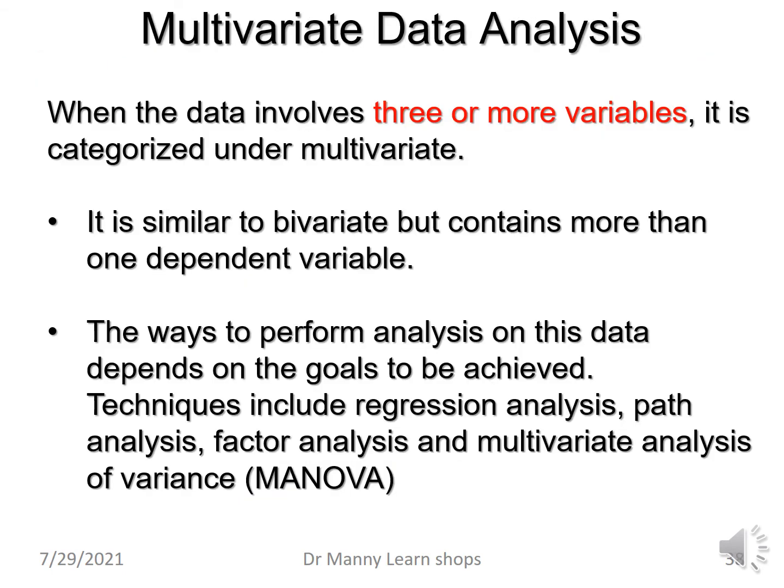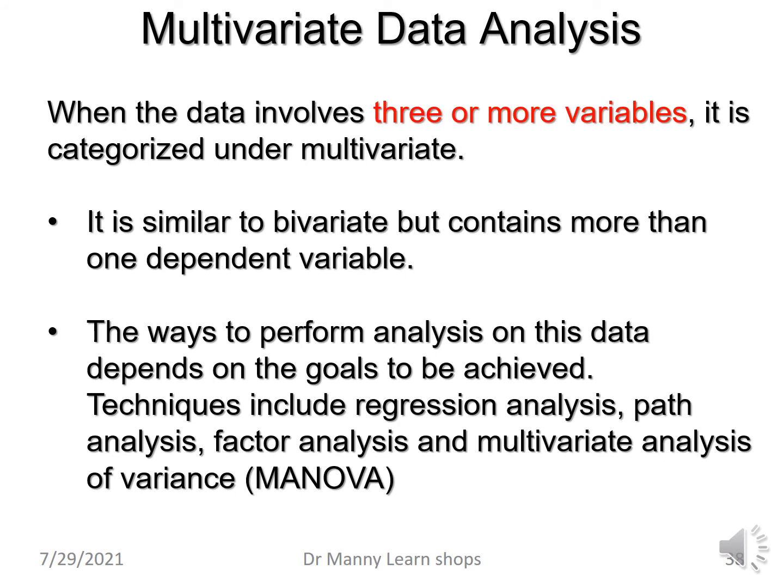With multivariate data analysis, when the data involves 3 or more variables, it's categorized as multivariate. It's similar to bivariate but contains more than 1 dependent variable. The ways to perform analysis on this data depend on the goals to be achieved.